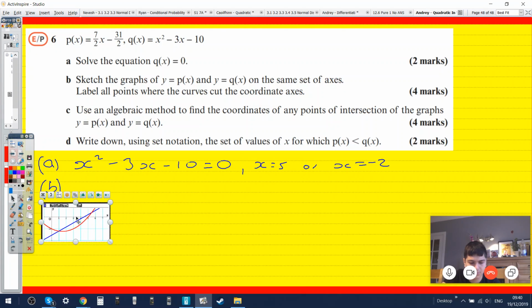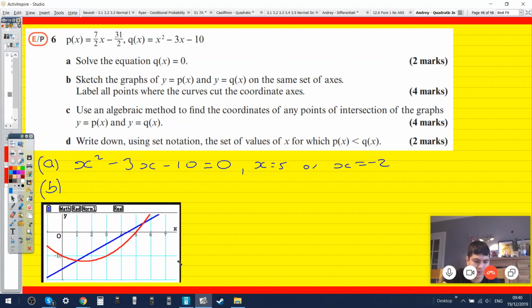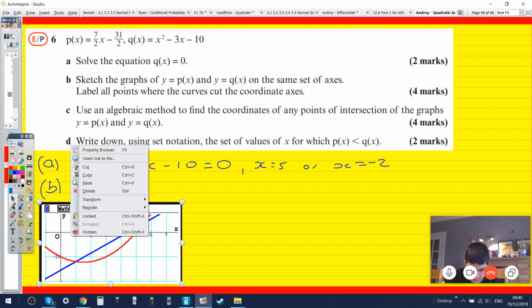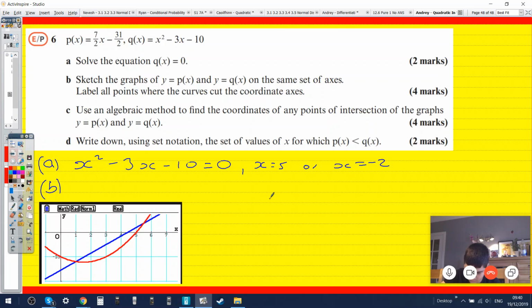Okay, so for the straight line, the y-intercept is minus 15.5. Okay.